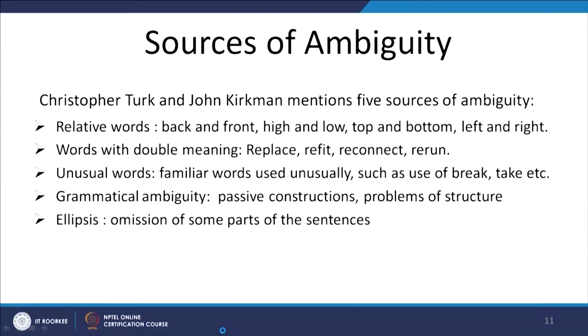Sometimes we make use of words which have a double meaning, for example words like replace, refit, reconnect, rerun. People may have different sorts of meaning depending upon their experiences and their exposure to these words. They start deriving the meaning based on their own experience, whereas the writer's aim was to convey it properly.